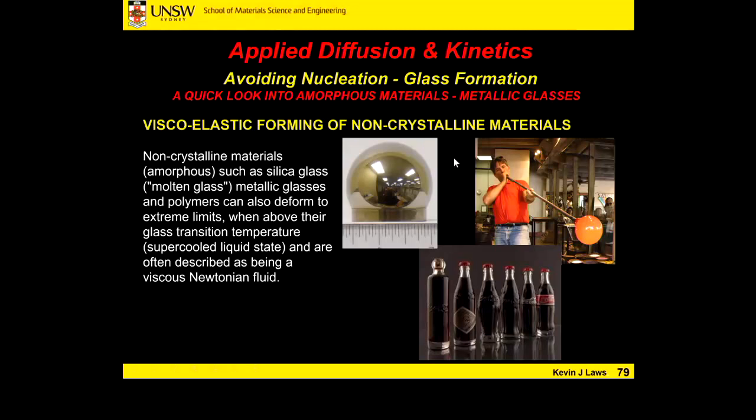So, amorphous materials display this crazy thing called the glass transition temperature. If we take a silicate glass, window glass, and heat it up, it becomes very soft. It's still very viscous, but it's very soft. So we can blow it into different shapes with a force as tiny as a human lung.